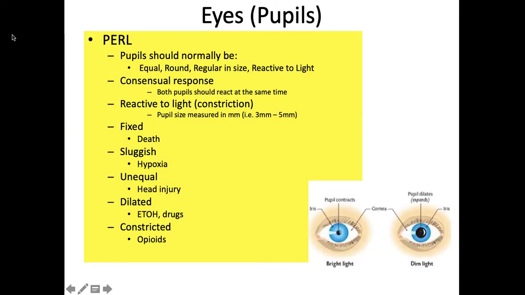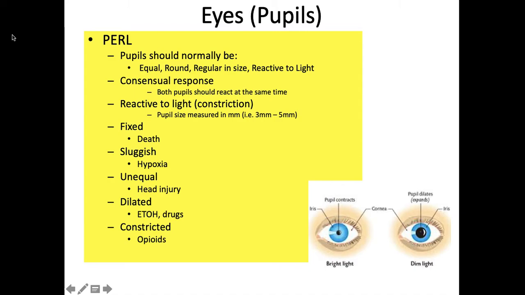So eyes. This is why you have a pen light, and you're going to be indirectly shining light into the patient's eye one at a time, and you're going to cause the pupils to react. Now, when you walk into a darkened room, your pupils normally will dilate to let more light in the back of the eye so you can see better.